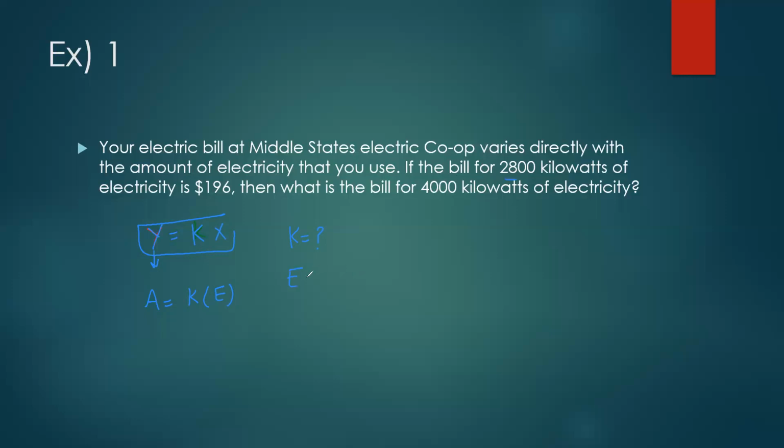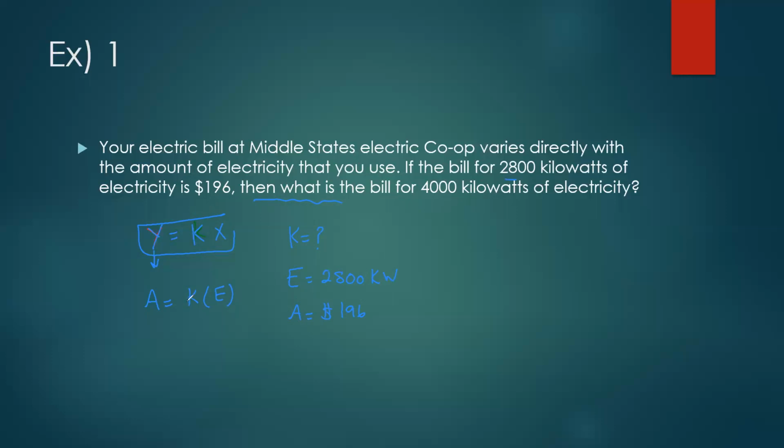It's our amount of electricity, E. And then the bill is $196. So that would be our amount. Okay, so stop there. Do you see this other piece of information? The bill for 4,000 kilowatts. We're going to plug in that piece of information after we find our K value.